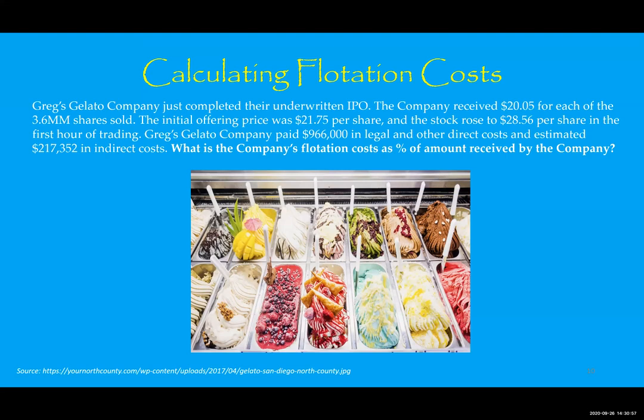Greg's Gelato Company paid $966,000 in legal fees and other direct costs, and the company estimates $217,352 in indirect costs. So let's answer this question. What is the company's flotation cost as a percentage of the amount received by the company?